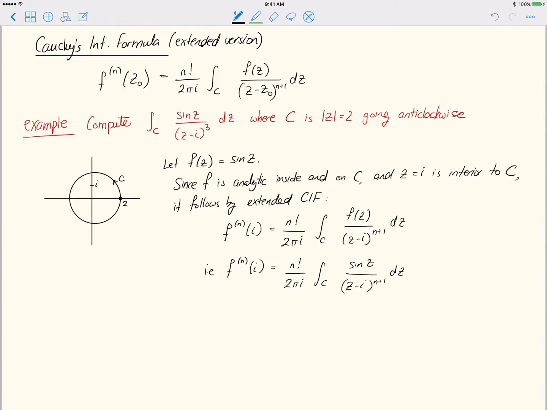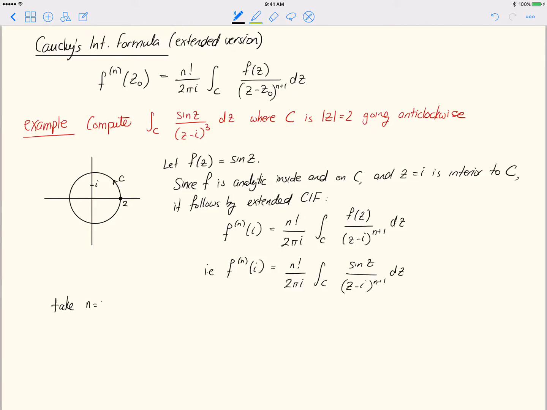So now when I write it in this form, I think to myself, well, what should I take n to be? It's clear that because I want z minus i cubed on the denominator, and I have z minus i to the power of n plus 1, I need n plus 1 to equal 3. So I should take n to equal 2.